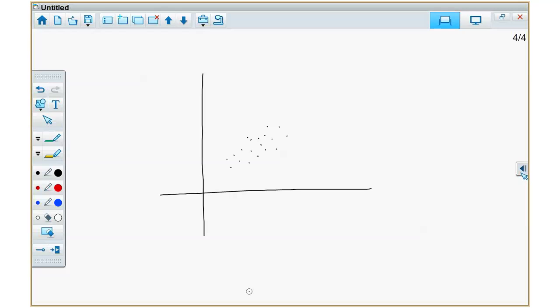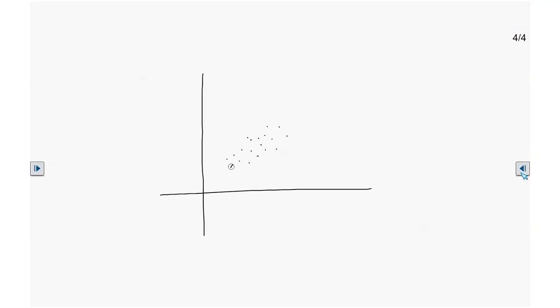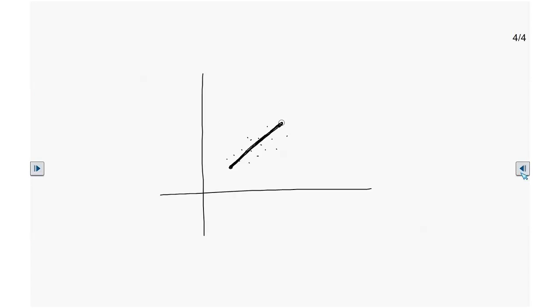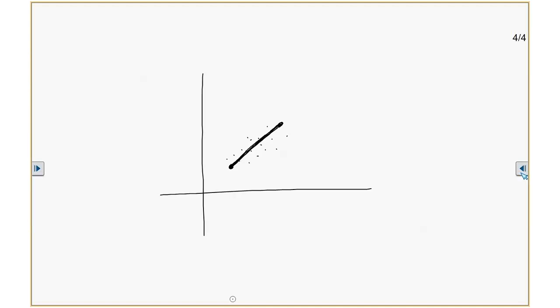And then you put a line through there that looks like a generalization, kind of like the middle of all the dots. I usually try to start with this dot right here and end up with another dot somewhere, because if you have this dot and this dot, you can figure the slope and get the equation for that line. That's a simple way to do it.